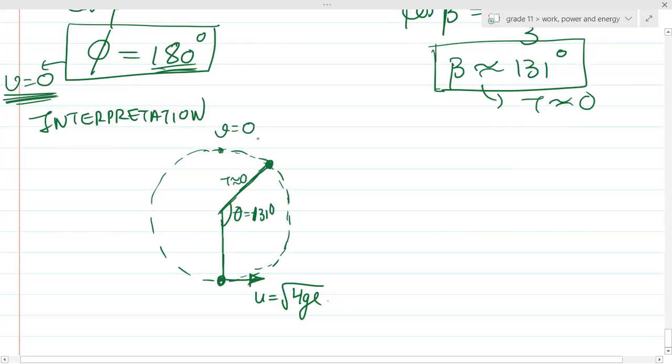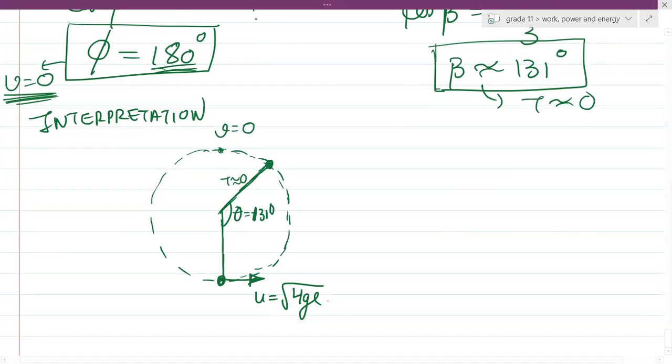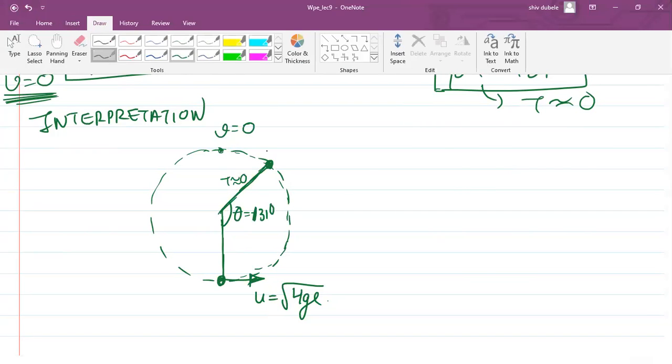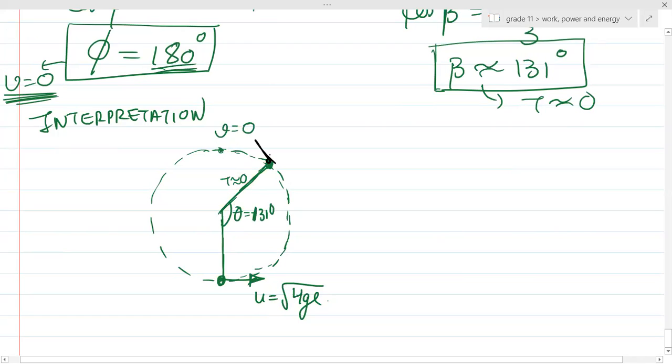And I told you about that case. If the tension in the string becomes 0, then it won't be able to complete the vertical circle anymore, and it will start moving in a projectile path. So basically, in this case, when the velocity is under root of 4gl, what will happen?